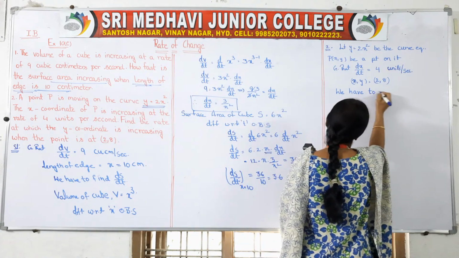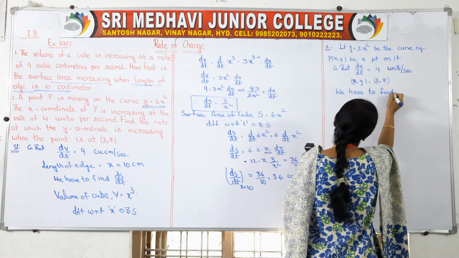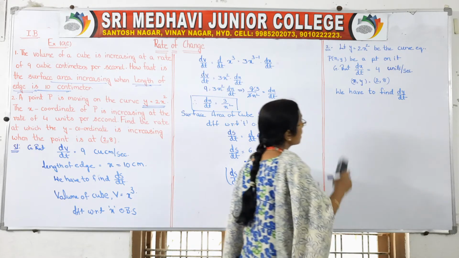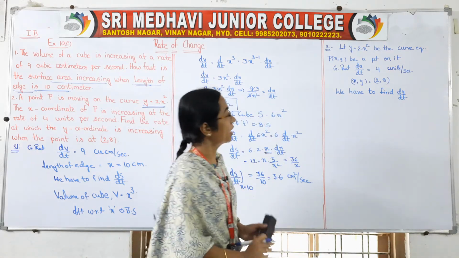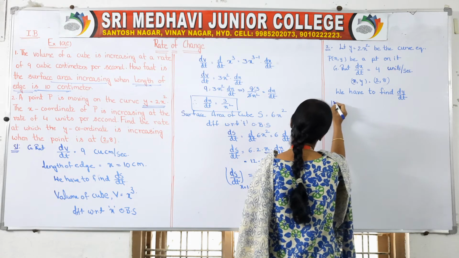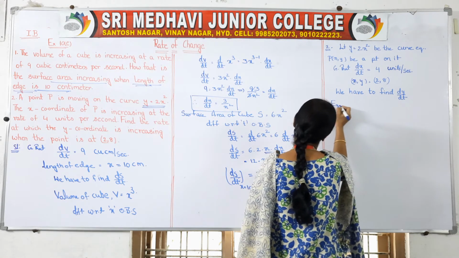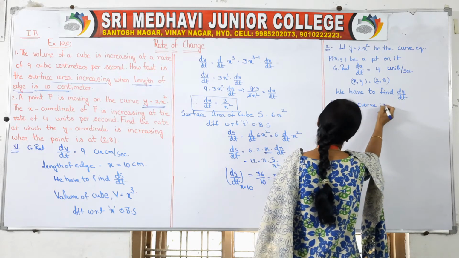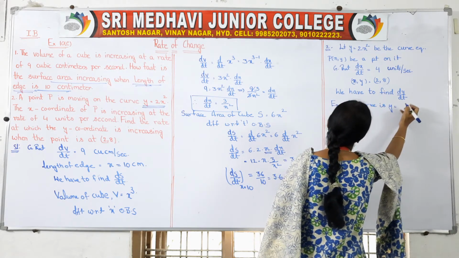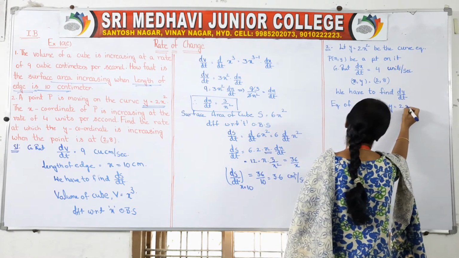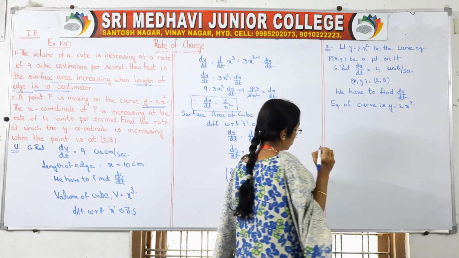So we have to find dy by dt. This value we have to find. What is the curve equation? The equation of the curve is y is equal to 2x square.